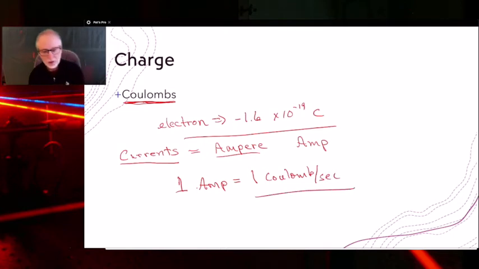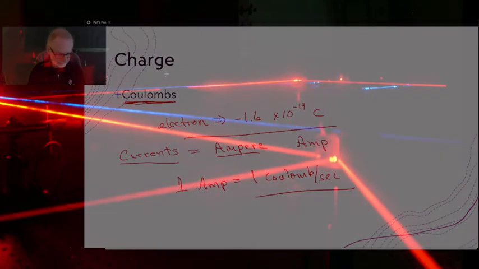All right, so again, when you hear that term amp or ampere, that's just the rate at which charge flows through an electrical circuit, and 1 amp is 1 coulomb per second.